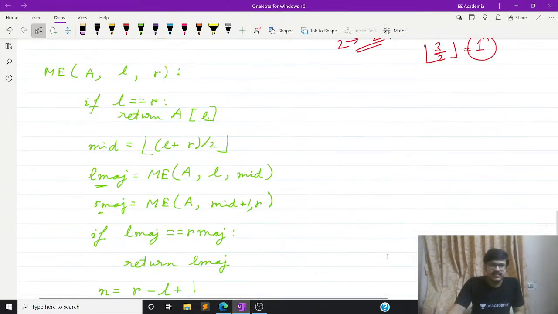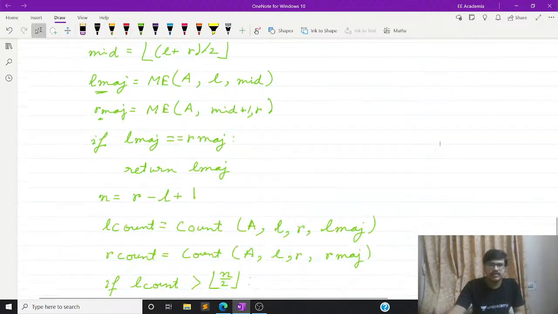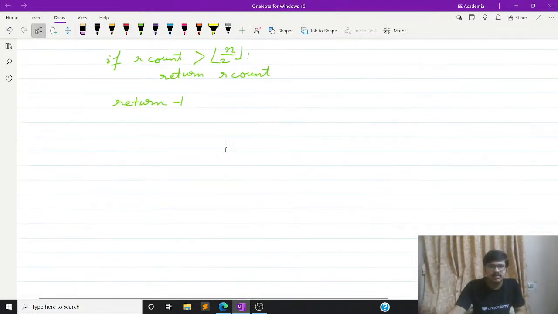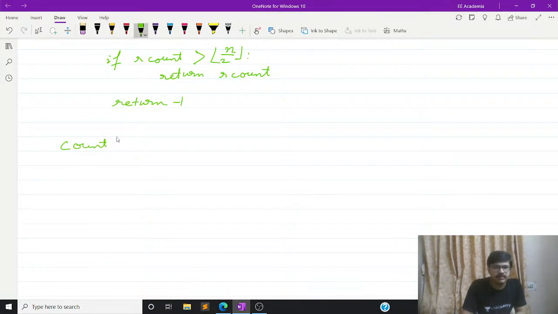So let's just see this again. A very simple algorithm. This count function is simple. It takes the array A from L up to R with a value val.